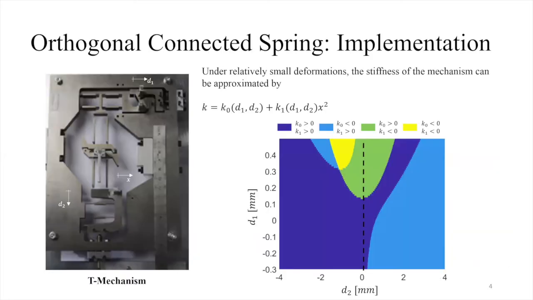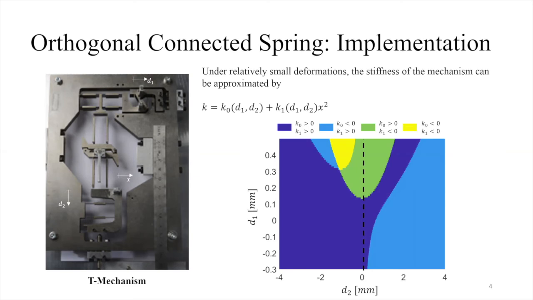And to verify that, we selected the orthogonally connected springs. In this case, we have two tuning inputs, D1 and D2. And by looking at the different stiffness values for different D1 and D2, we have four regions based on the sign. So this structure can show a nominal positive stiffness or negative stiffness.